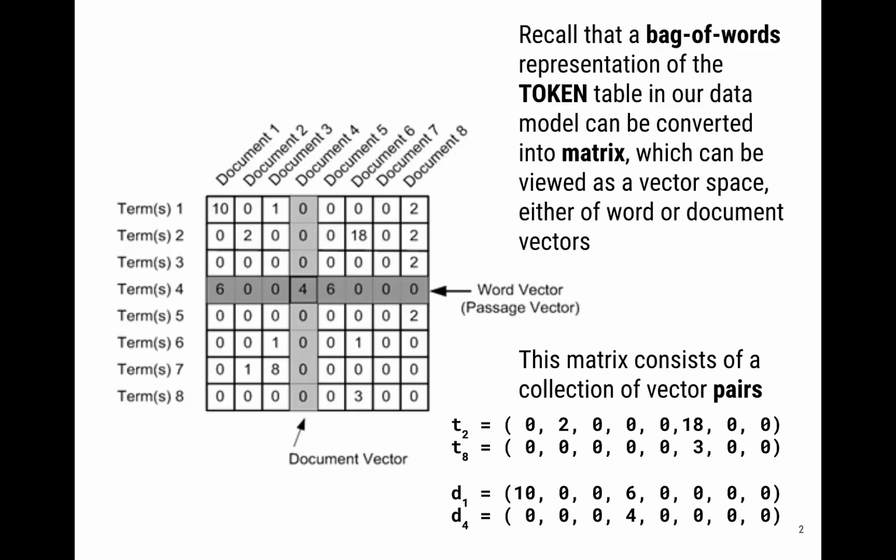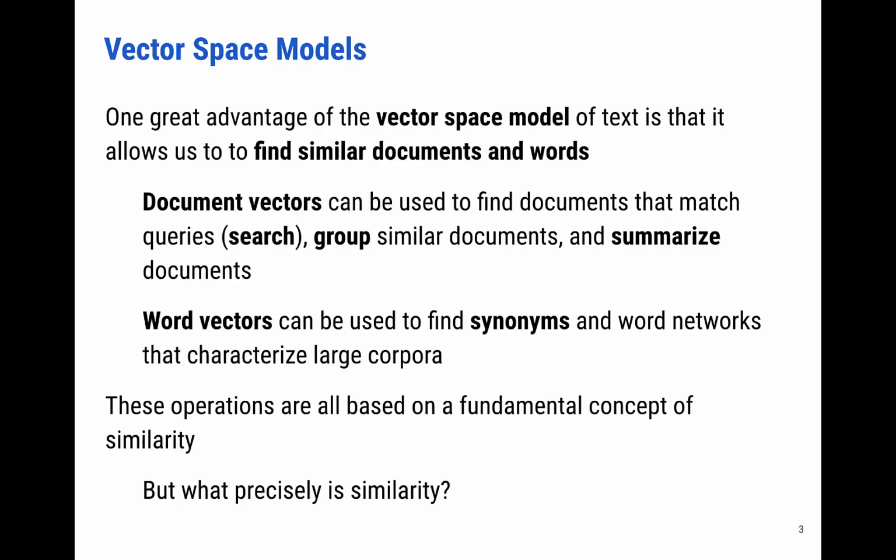So I have down below just a couple of arbitrarily chosen vectors. They're term vector 2 and term vector 8, document vector 1 and document vector 4. And if you look at the numbers, you can imagine that there are various ways that you could compute how they're similar based on how the two sets of numbers stack up, as it were. We're going to look more specifically at how these operations work.